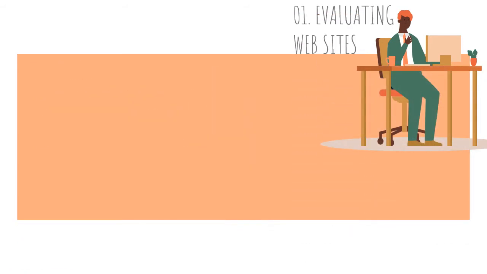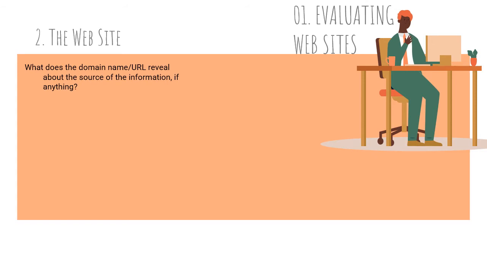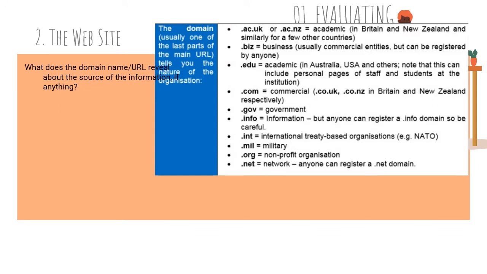Well, the second thing is about the website. You need to know about the domain name or URL. So you must know that every domain name has a suffix which indicates which top-level domain it belongs to. So see the box.